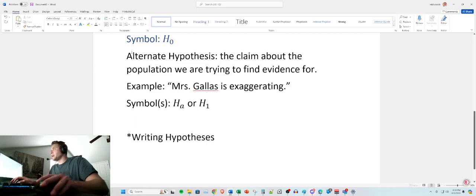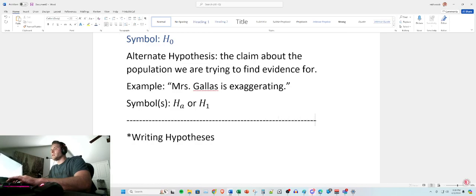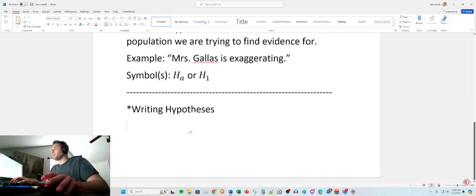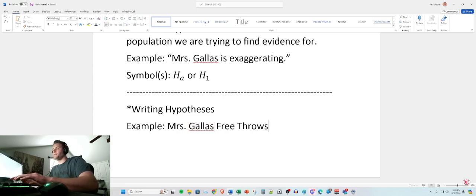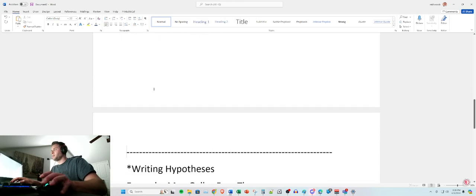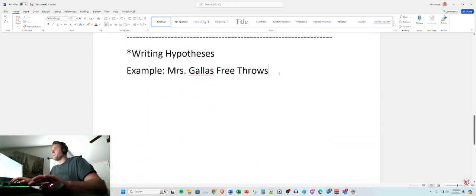If you want, we can just put like a bunch of lines here. Partition this. So writing hypotheses. We will do this example with Miss Gallus still. So Miss Gallus free throws. I'm actually going to bump this to the next page. Okay, so her free throws. And so we want to create these hypotheses.